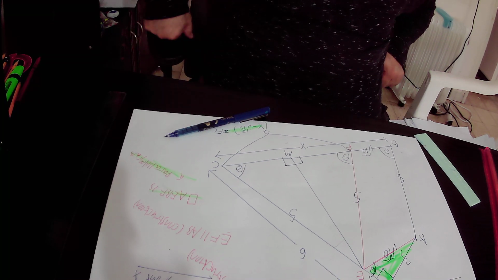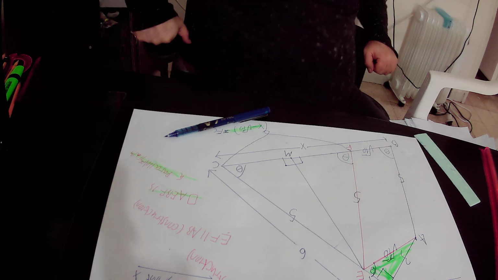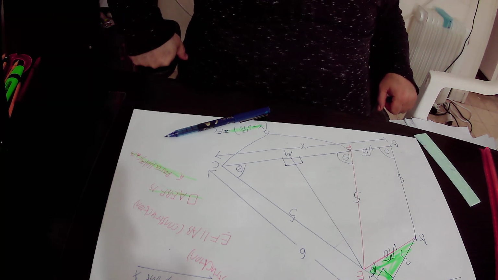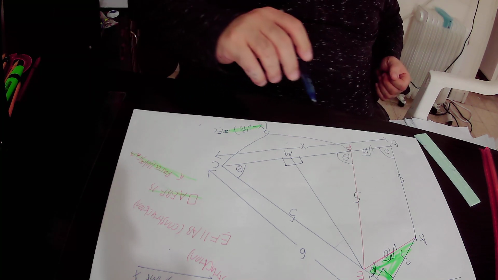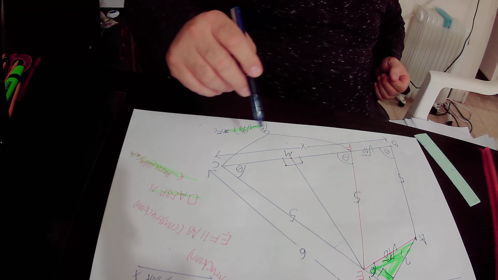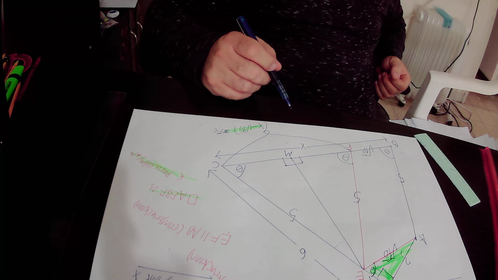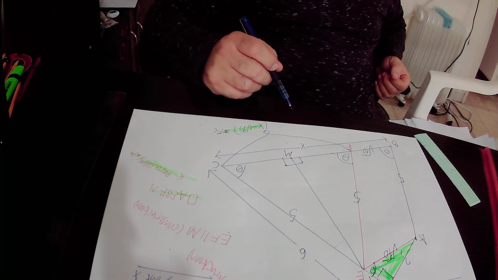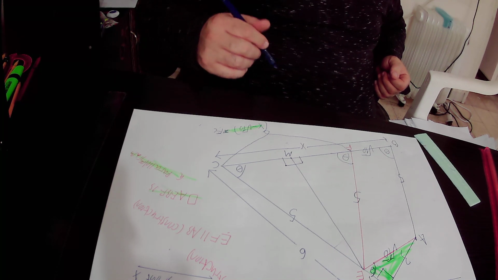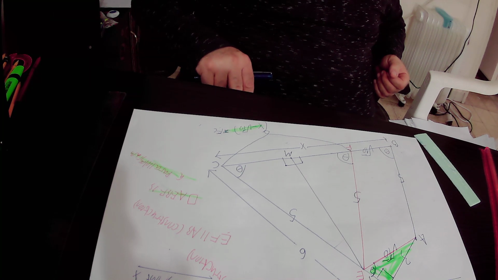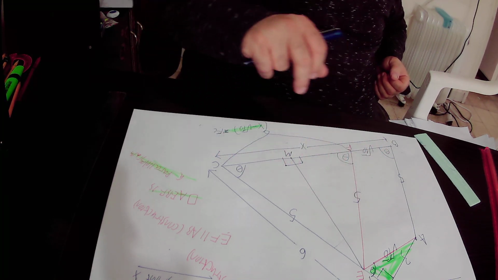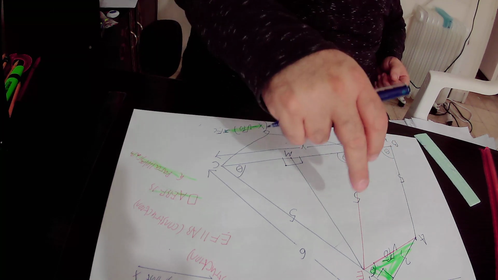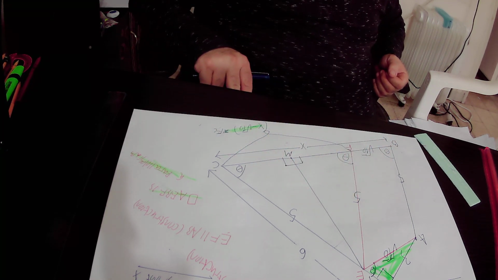So, first of all, we know that triangle EFC is an isosceles triangle. Why is triangle EFC an isosceles triangle? Because EF equals EC equals 5 units.